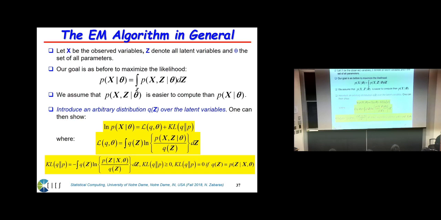And look at the numerator, it is Q log of P of X comma Z. Have we seen something like that? Obviously, log of P of X comma Z is the joint log likelihood. Then we have an expectation, but not with respect to the actual posterior of the Z variables, but with an approximation of the posterior.